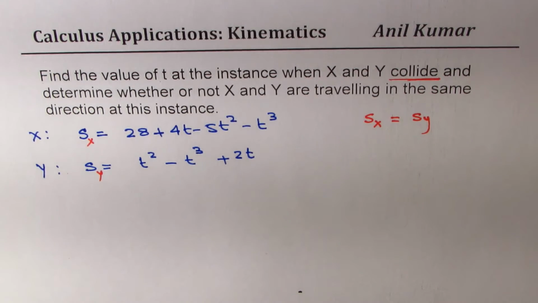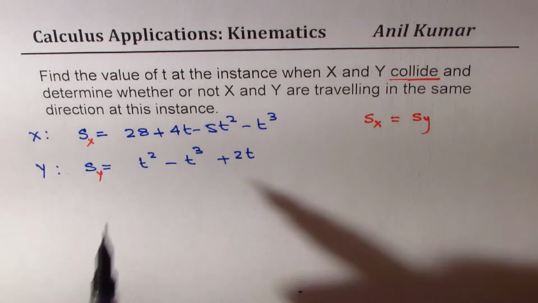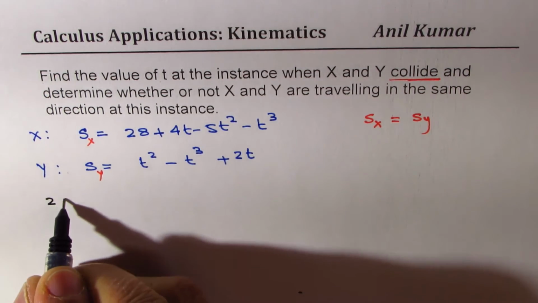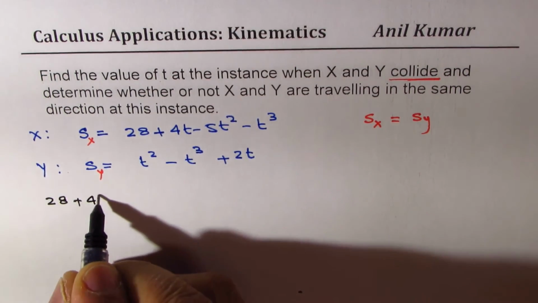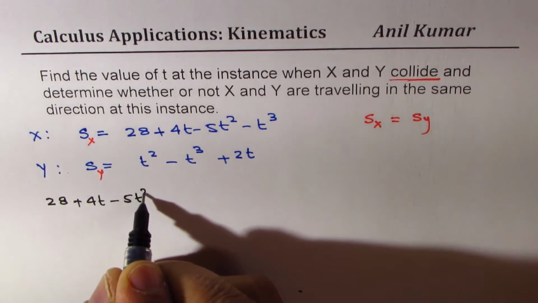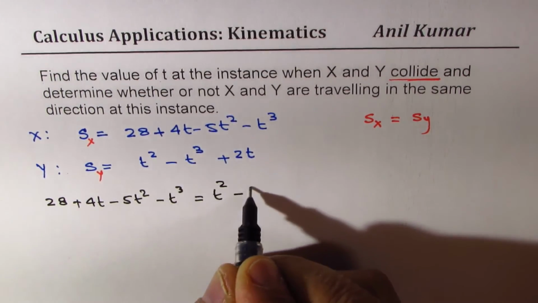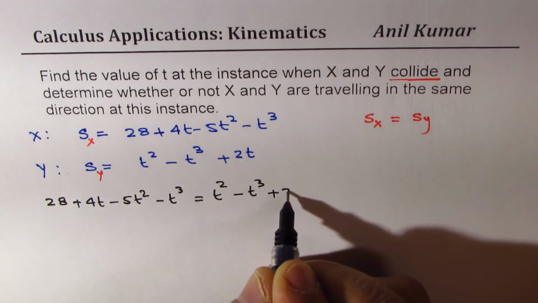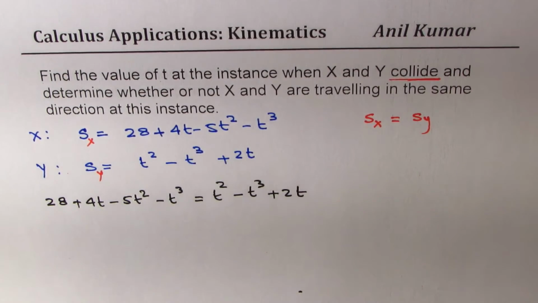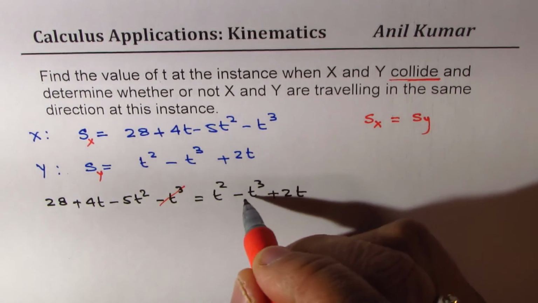So solving two cubic equations for the time being, we'll just equate one to the other. So we can write this as 28 plus 4t minus 5t square minus t cube equals t square minus t cube plus 2t, right? So, well, the cubic part cancels for us.